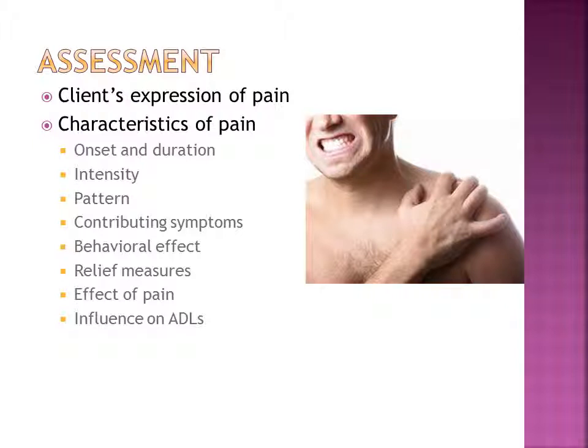Etc. Region: where is the pain, and does it move anywhere, or does it radiate to another area of the body? Severity on a scale of 1 to 10. Time. How long has the client been experiencing pain? When did it start? What were they doing when it started? And you. How is pain affecting you, the client?